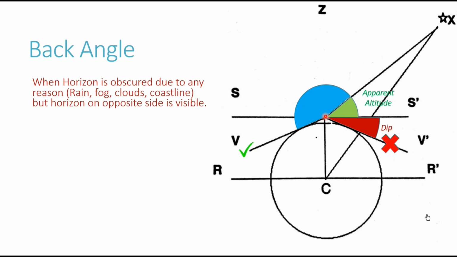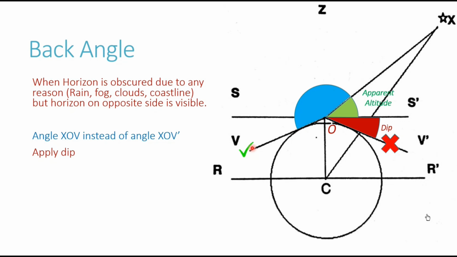Now, how do we proceed ahead from here? The blue angle which we have obtained is angle XOV. X is the center of the body, O is the observer's eye, and V represents the horizon in the opposite direction. To this angle, after applying the index error, that is the instrument error, we again apply the dip correction as usual. We would be given the height of eye of the observer in these questions.